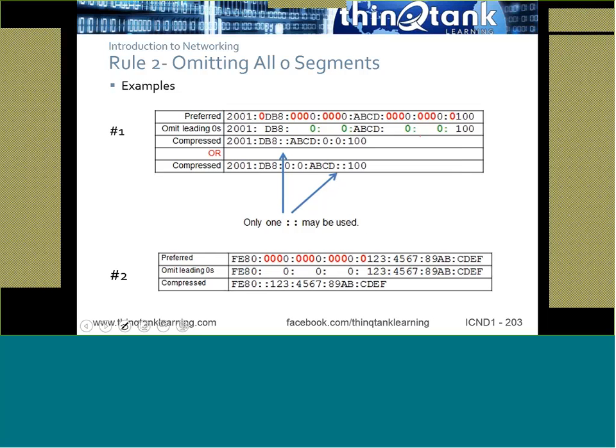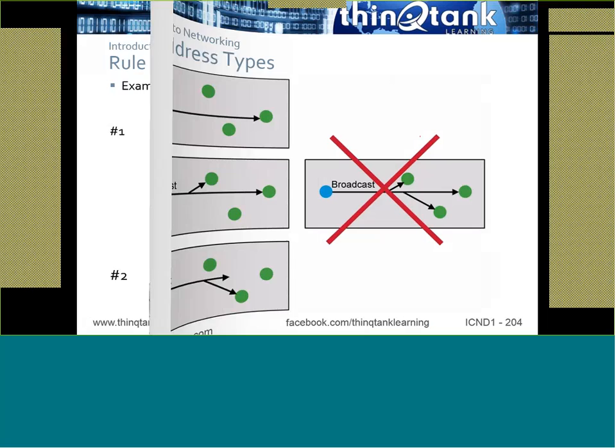Number 3, all IPv6 addresses are public. Number 4, there is no broadcasting in IPv6. I'm just doing a quick review. Number 5, IPv6 addresses can be written in shorthand notation by dropping leading zeros and by representing the largest block of consecutive zeros with a ::.